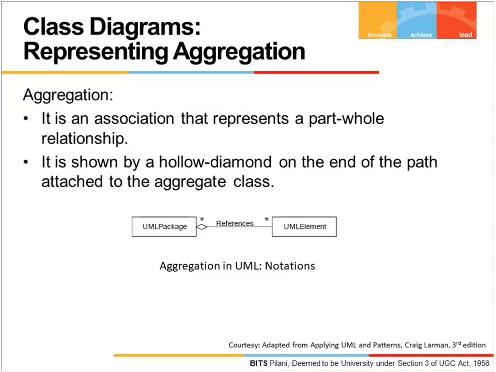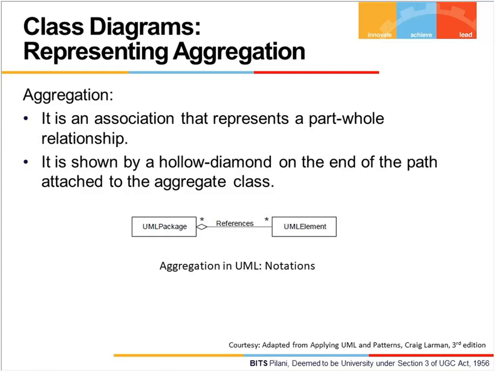These are the last two notations, aggregation and composition, right? What is an aggregation? It is an association that represents a part-whole relationship. It is shown using a hollow diamond. So this is a hollow diamond, I think you can see here, on the end of the path attached to the aggregated class.